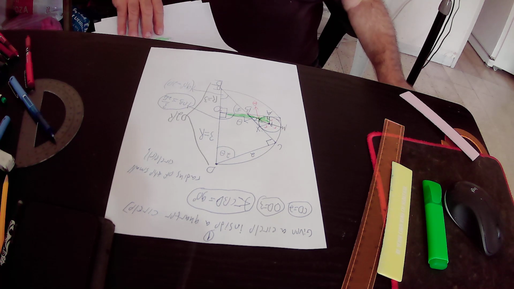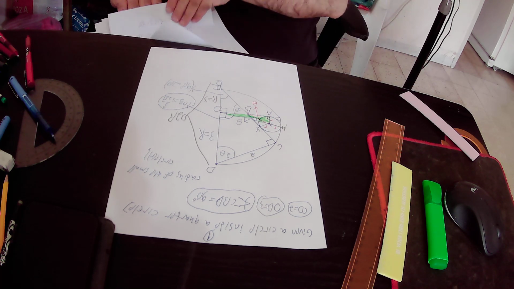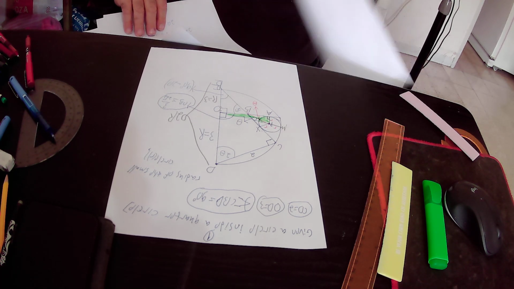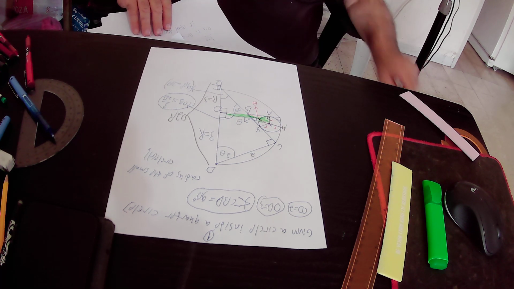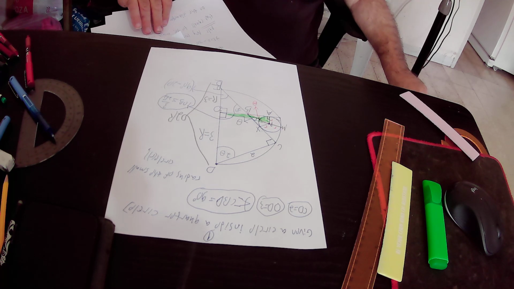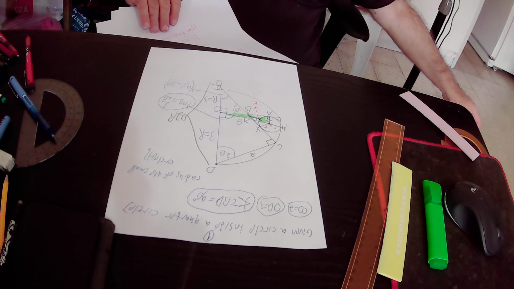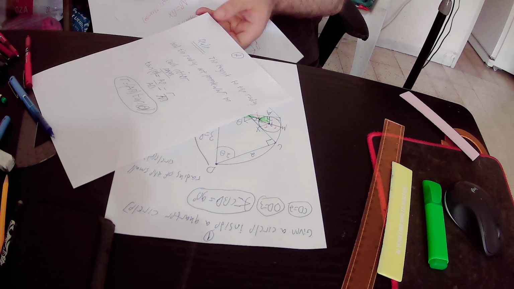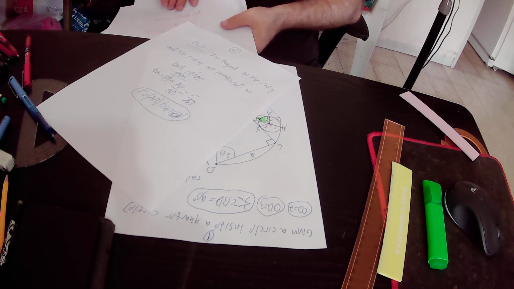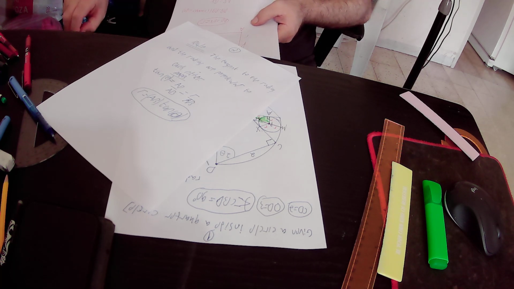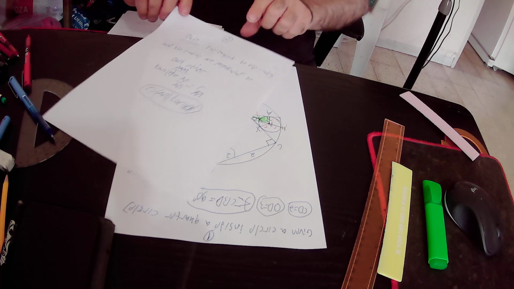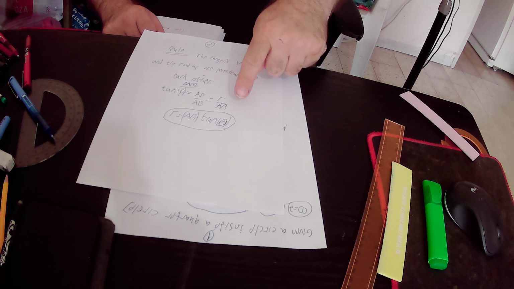So in the right triangle APB, tangent theta equals AP over AB, and we know that AP equals small r, so tangent theta equals small r over AB.